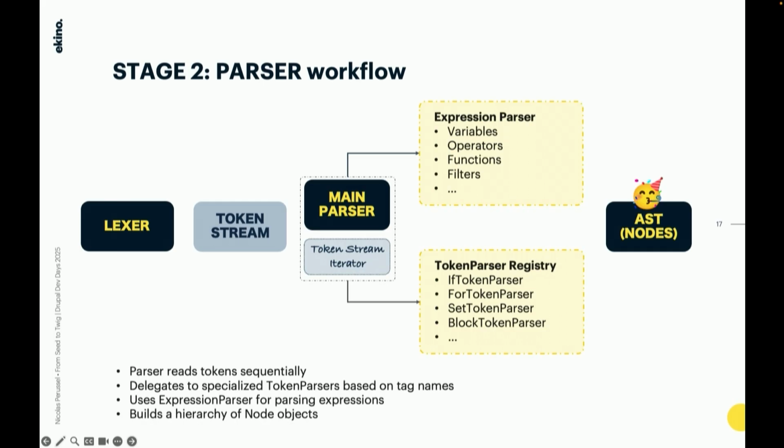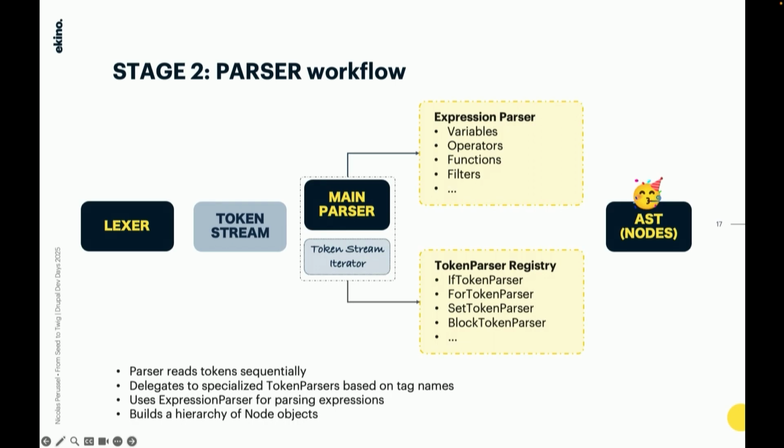So we have the lexer, we produce the token stream, we give the token stream created through the lexer to the main parser, and the parser contains an iterator, a token stream iterator. It's very important to know that the parser will iterate on each token previously created and delegates the creation of the node to different parser types.